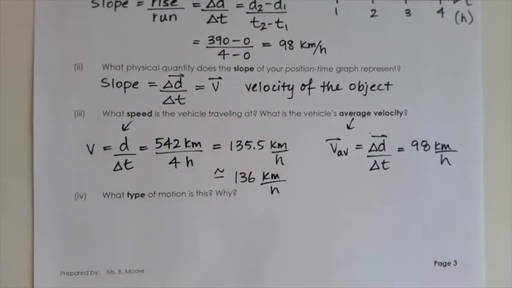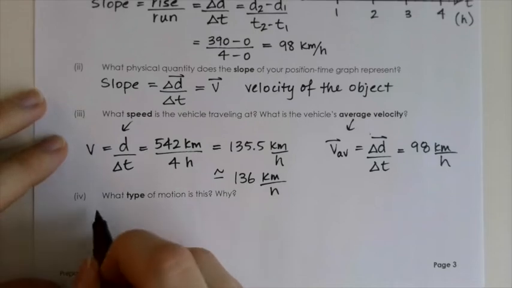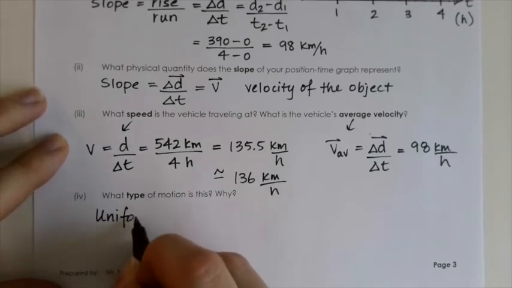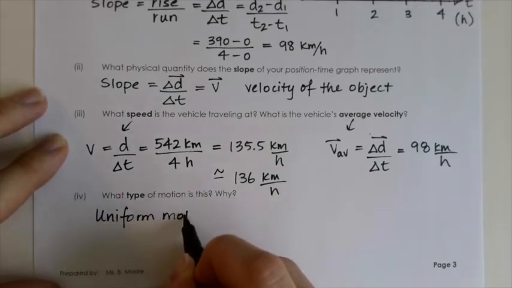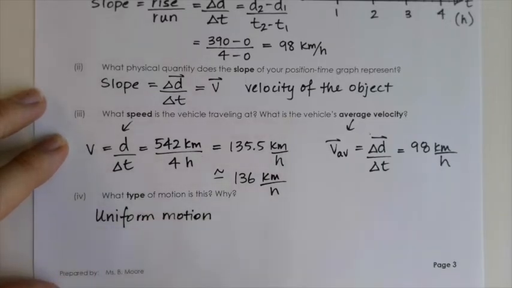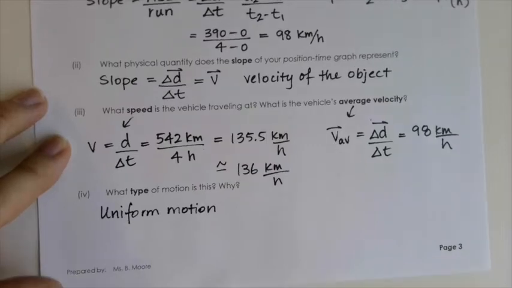What type of motion is this? Well, it is uniform motion, and the reason why is because the position is changing at a constant rate per unit time.